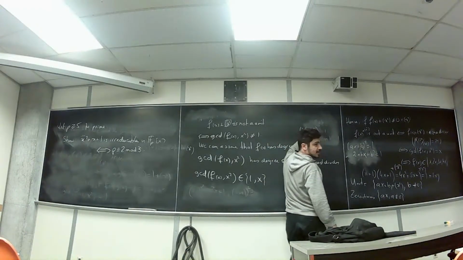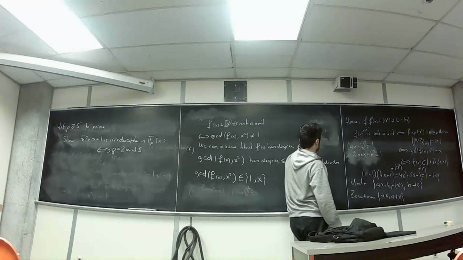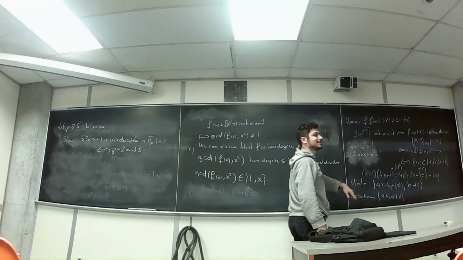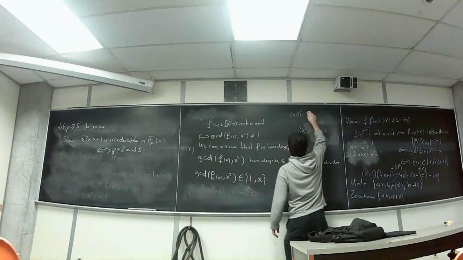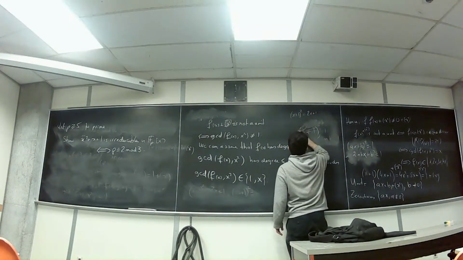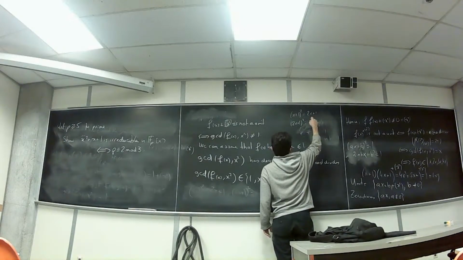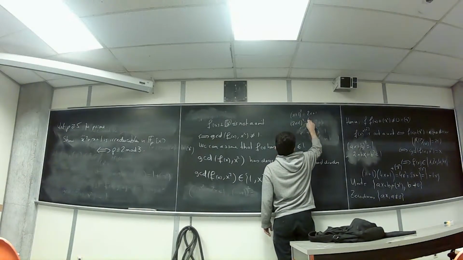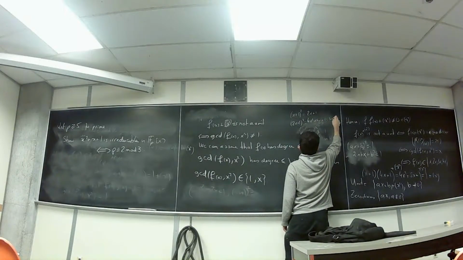I'm tempted to say that x plus 1 will have order 5. Let's just do the calculation. x plus 1 squared is 2x plus 1. Then 2x plus 1 squared is 4x squared plus 4x plus 1, which is just 4x plus 1.